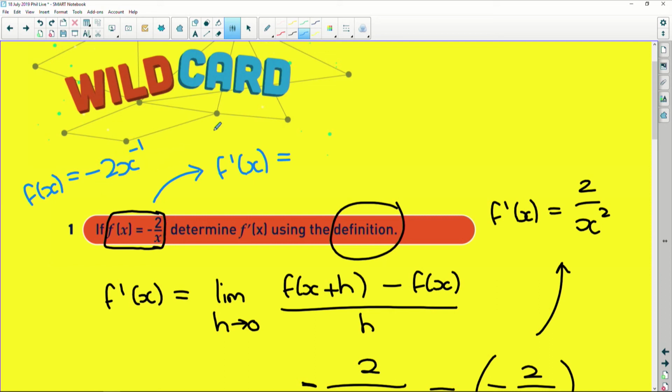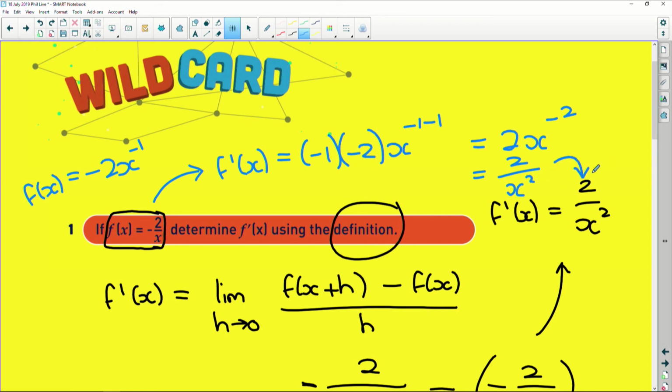So if we just use our differentiation rules, you multiply by the exponent, so you get negative 1 multiplied by negative 2 multiplied by x, and then you subtract 1 from the exponent. So we're going to get 2x to the negative 2, which is equal to 2 over x squared. And that is exactly what we got here.